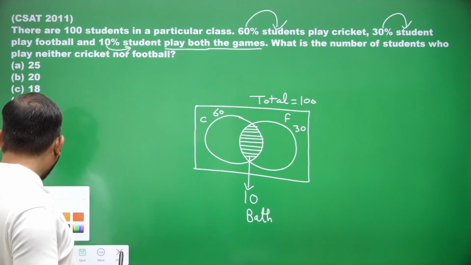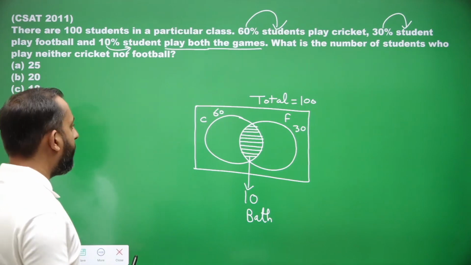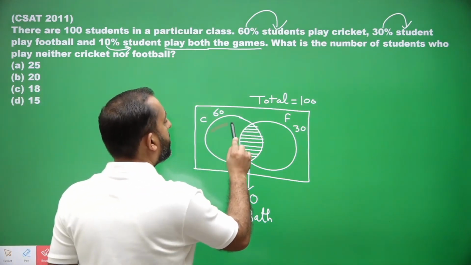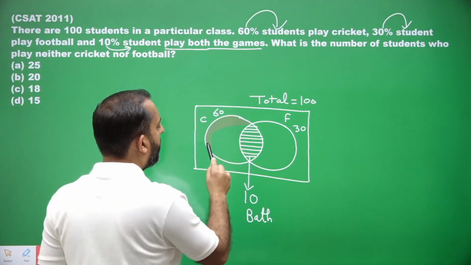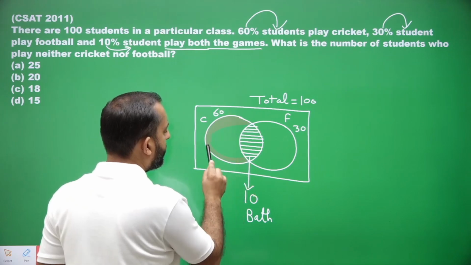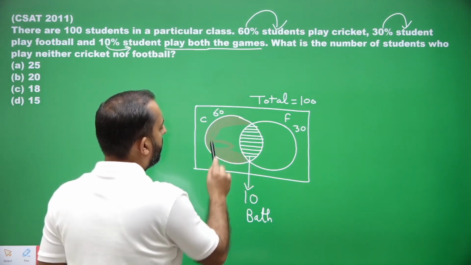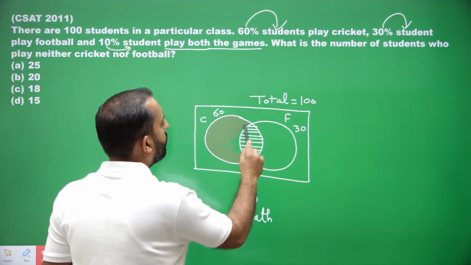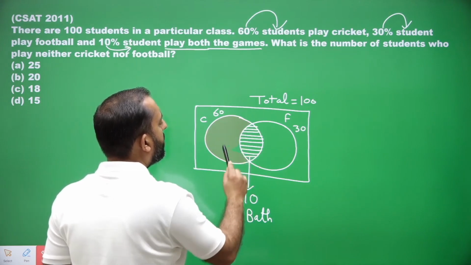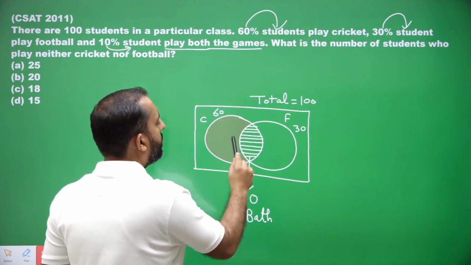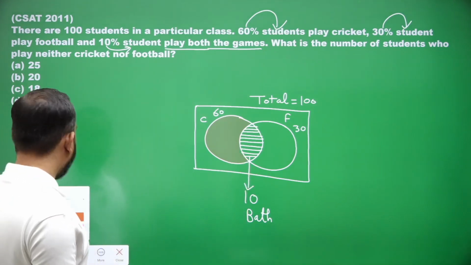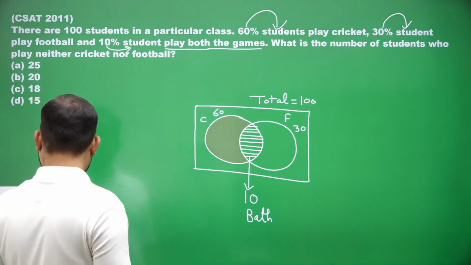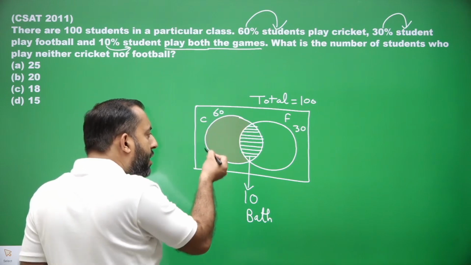Now, if you pay attention to the remaining part of this circle of cricket, I am highlighting this remaining part with the help of a color. I hope you are able to differentiate it. So the value of this remaining region of the circle of cricket: the complete value was 60.